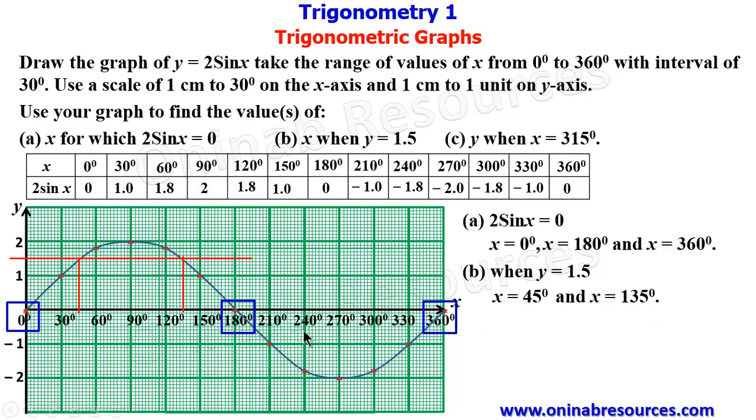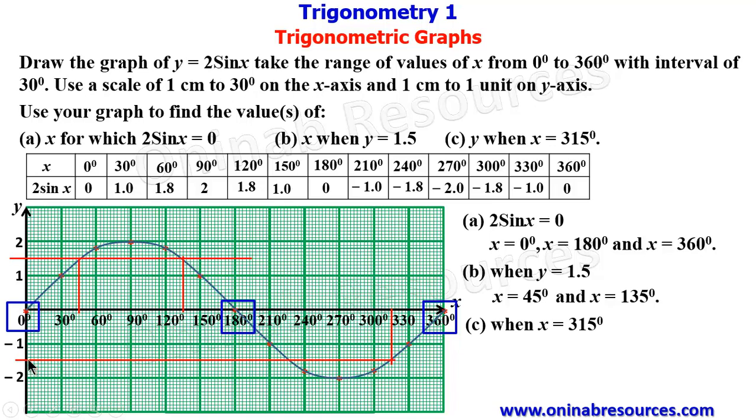We then go to C. We have to find y when x is 315 degrees. 315 is halfway between 300 and 330 degrees. So we draw the line, it touches here, then we can read across to the y-axis.